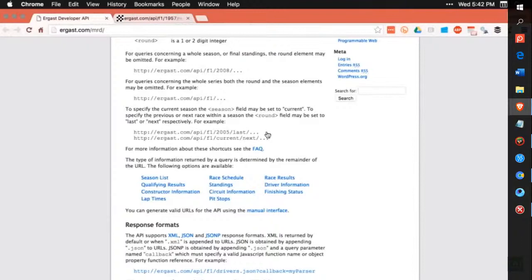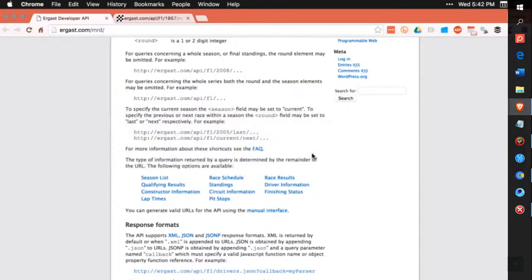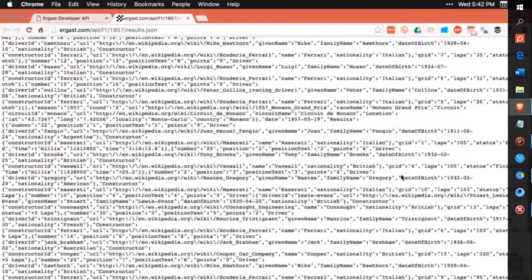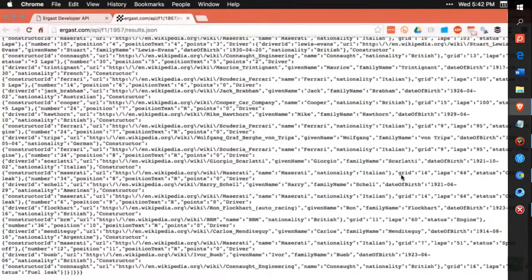We'll go back to R here for a second. And if I want to get information about 1957 races in JSON format, I go to this address. I can skip over to that for a second. And what you see is it's kind of a big long mess here, but it is all labeled and it's clear to the computer what's going on here.